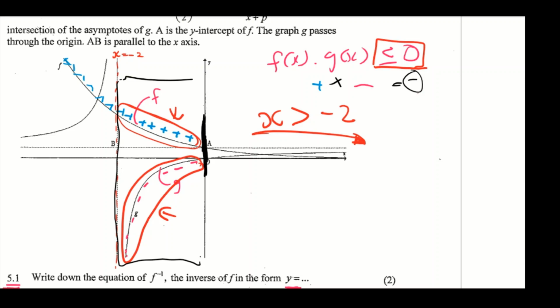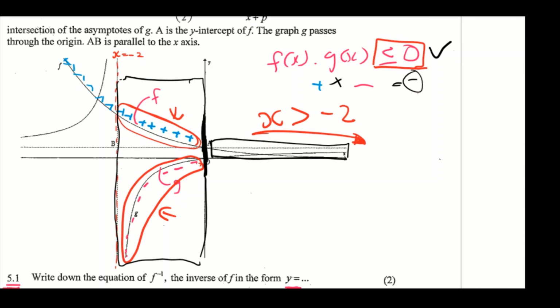So if you say x is greater than -2, it's correct. But after this point, our graphs come to a positive part of y, right? So our y's both are positive, so it doesn't qualify us into finding the solution here.